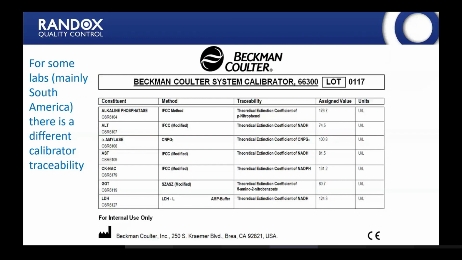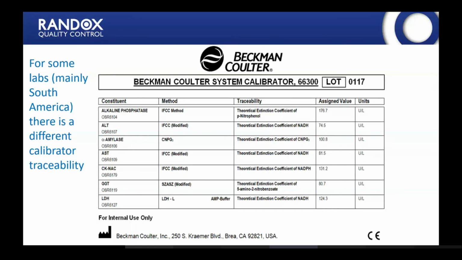Why we have different situations is that, because we're a global scheme, reagent manufacturers have different calibrators in different parts of the globe. Mainly in South America, there's the use of a different calibrator traceability.